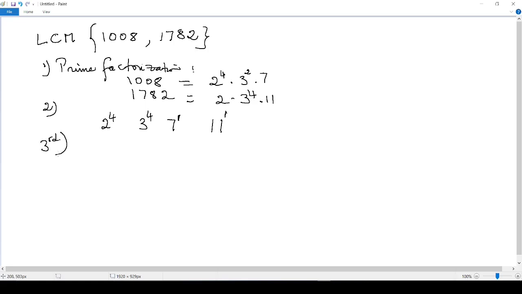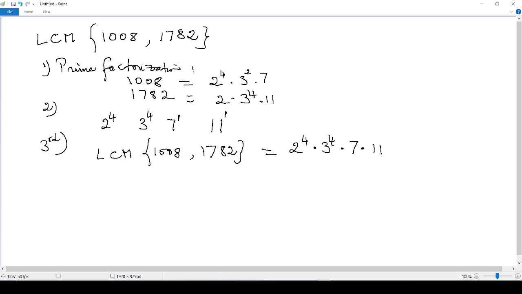Okay, and the third, after writing it, what do we do? We multiply these numbers. So we can just write LCM of 1008 and 1782 is equal to 2 to the 4th times 3 to the 4th times 7 times 11.